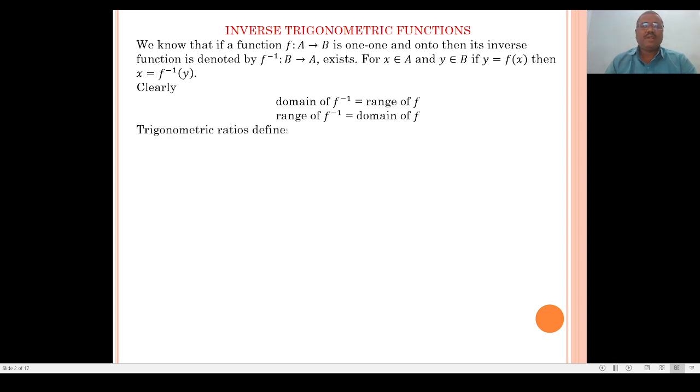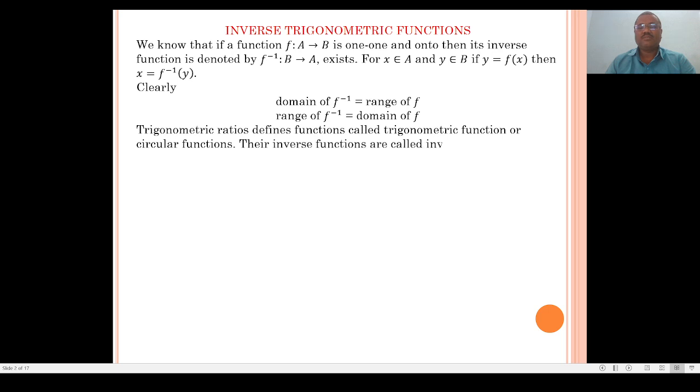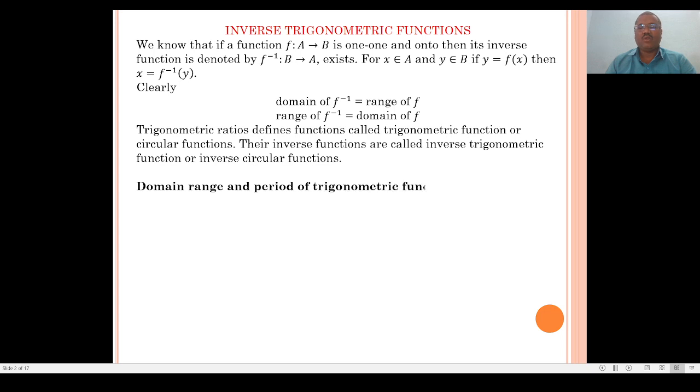So trigonometric ratios define functions called trigonometric functions or circular functions. Their inverse functions are called inverse trigonometric functions or inverse circular functions. So domain, range and period of trigonometric functions are as shown.